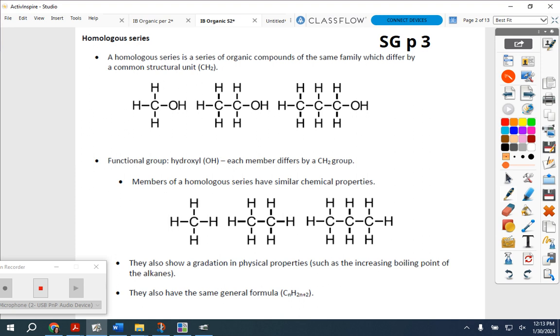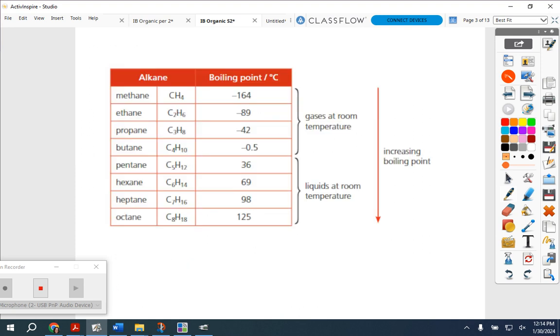Those have similar chemical properties, but their physical properties tend to change as we go down the series. For example, in the homologous series of alkanes, going from methane down to octane, looking at boiling point in degrees Celsius, you can see that methane's boiling point is at a negative 164.